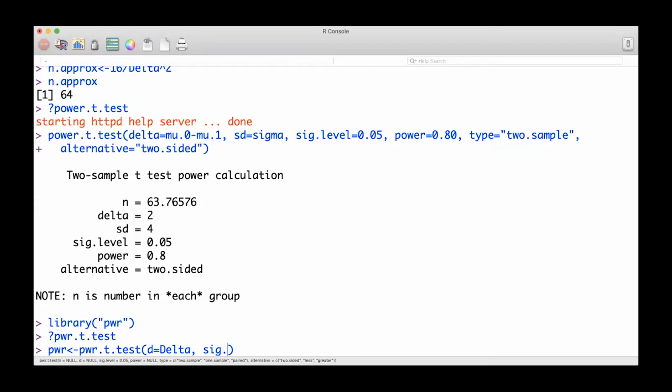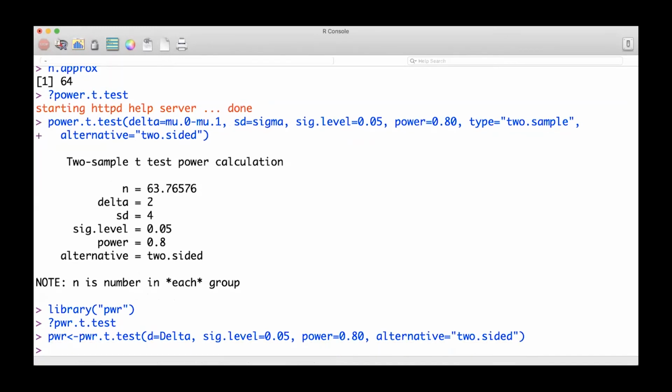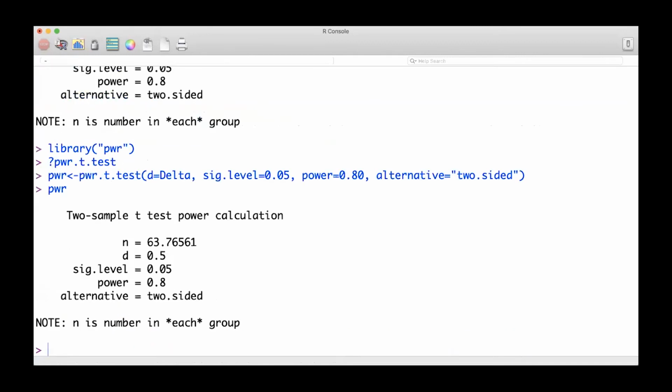Our sig.level we'll specify again to be 0.05 just for completion. And the power again is 80%. And our alternative is indeed 2-sided. The defaults would be used for anything else. Now, our results went into our object called pwr, and you can see that the sample size is the same.